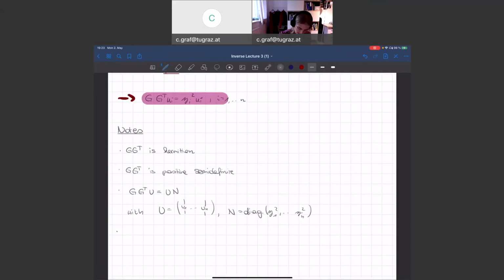Last, u is orthogonal, meaning u transpose u is equal to u transposed, which is the identity.